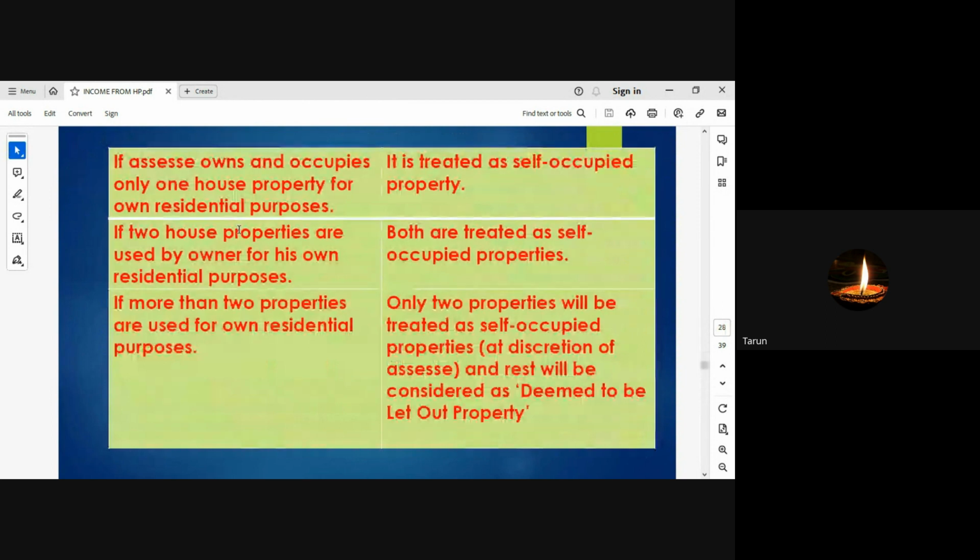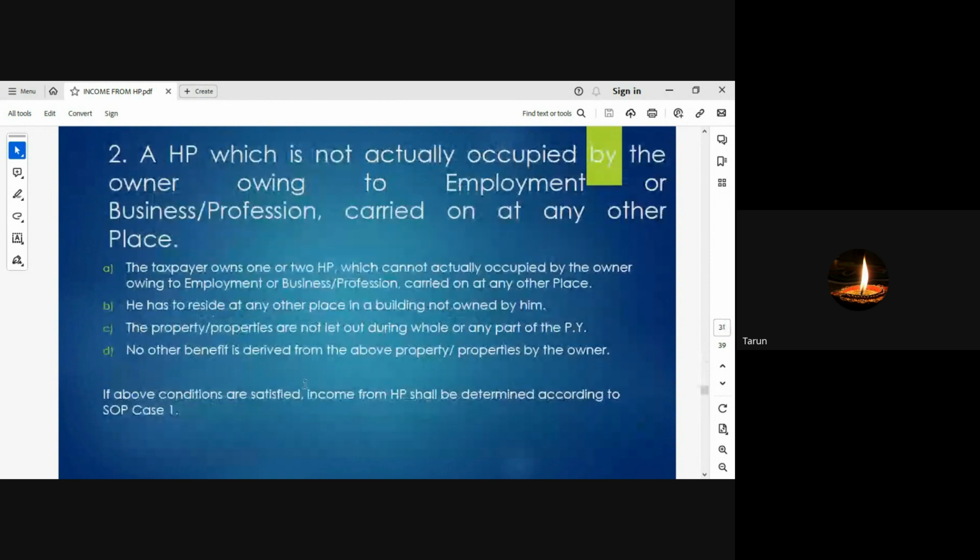This is case 1, case 2, case 3. In case 1, if these four conditions are satisfied, the income will be taxable under such cases.